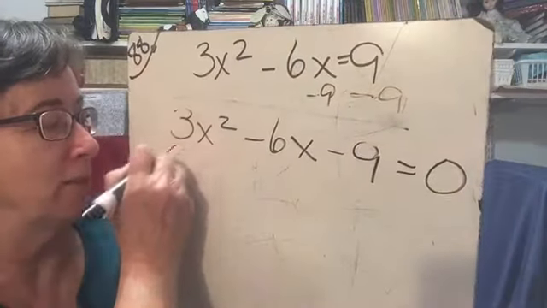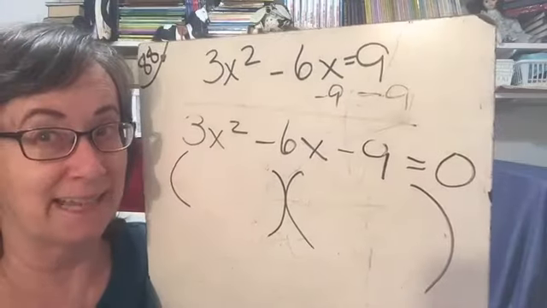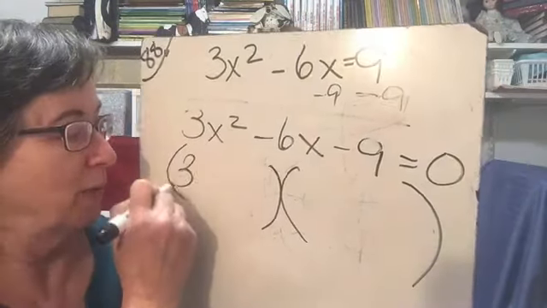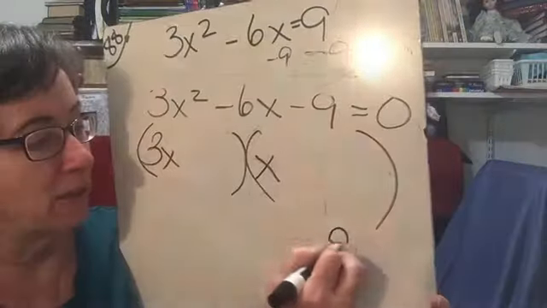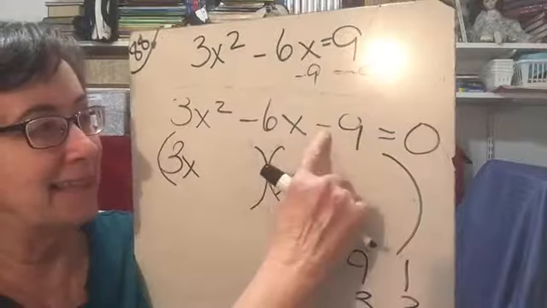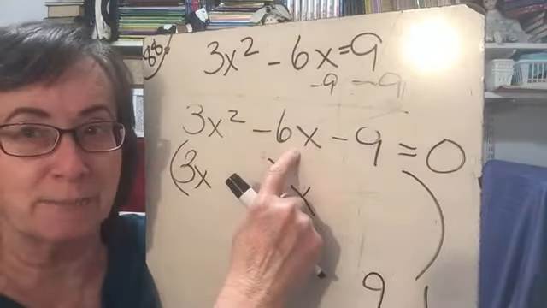So I'm going to factor it, but now instead of being x times x, because x times x does not give us 3x squared, we're going to make it 3x times 1x. And 9 could be factored 9 times 1 or 3 times 3. And this means that I'm going to have opposite signs. So that means that this is going to be a subtraction.